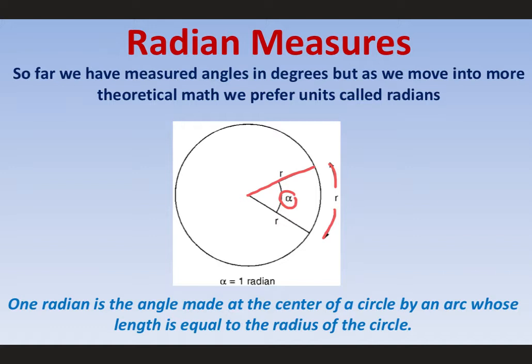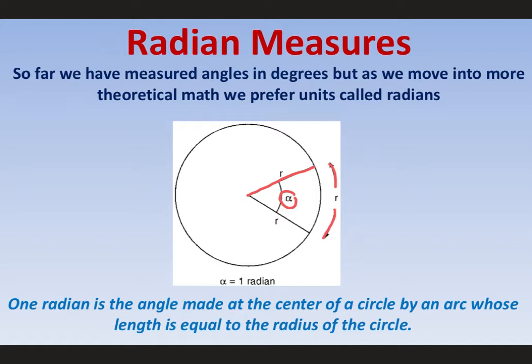Now, the great thing about this is it's defined by the circle itself. 360 degrees is an arbitrary number. There's no reason why we use 360 rather than any other number, other than it's divisible by a lot of stuff. So a radian is much more based in mathematical reasoning rather than just some arbitrary number that was picked because people liked it.